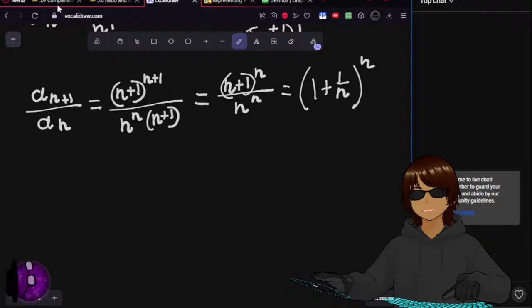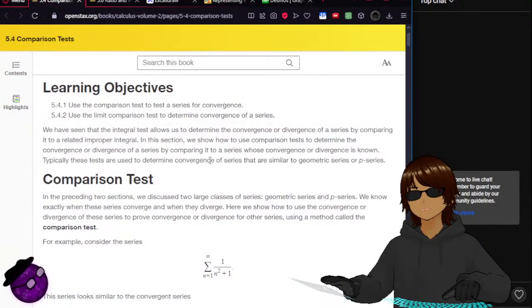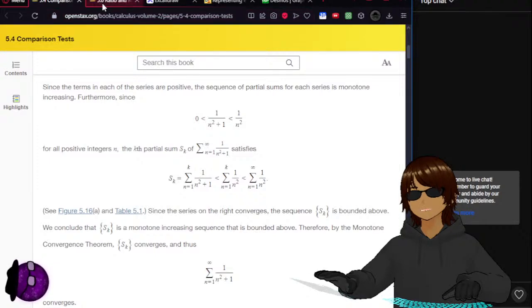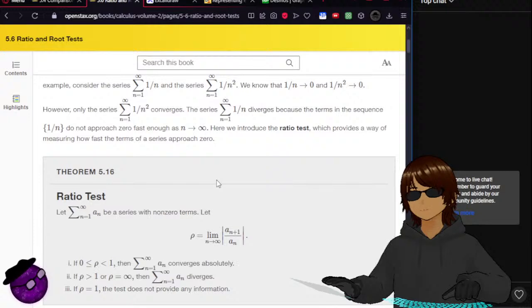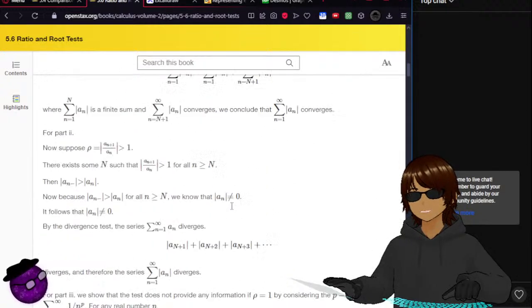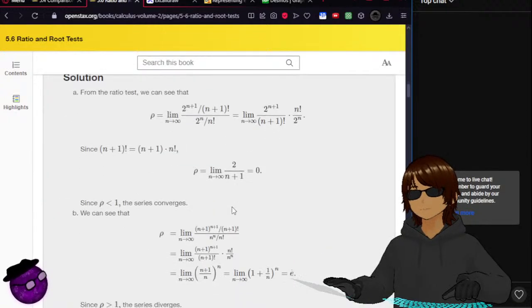Is this equal to e? If this is equal to e, then the series diverges. Yeah, then the series diverges.